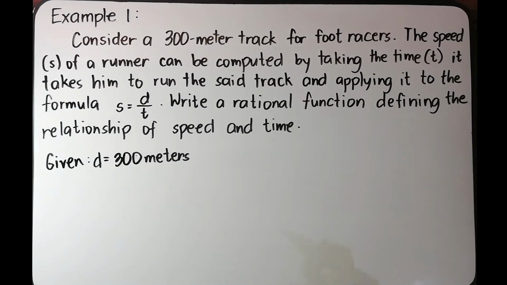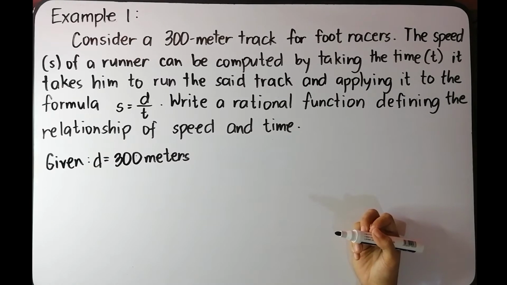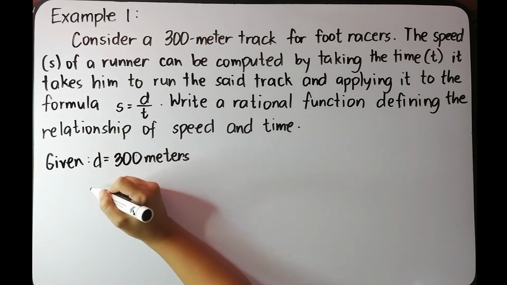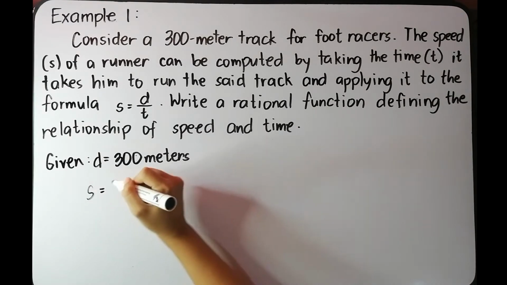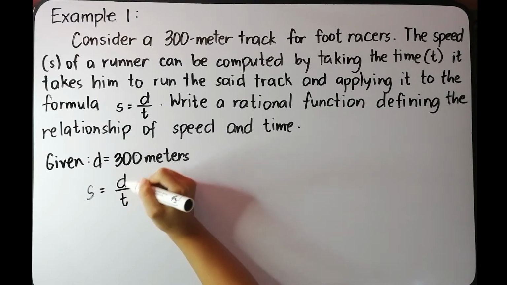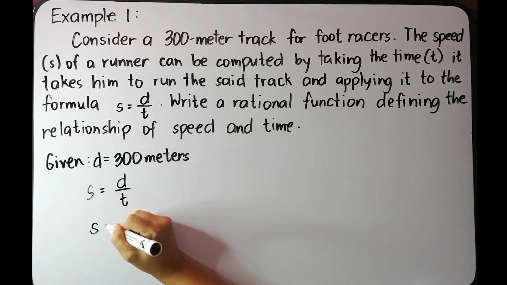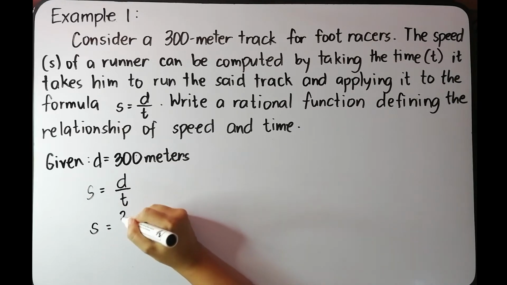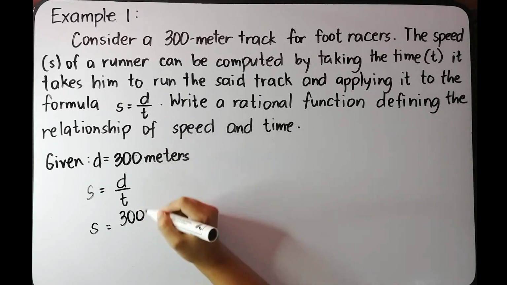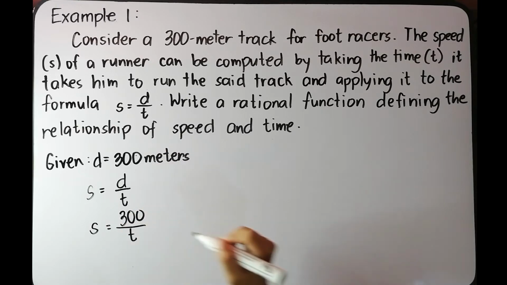So now, how can we relate speed to time? Here is the formula: S equals D over T. So your S is equal to 300, the distance, over time.